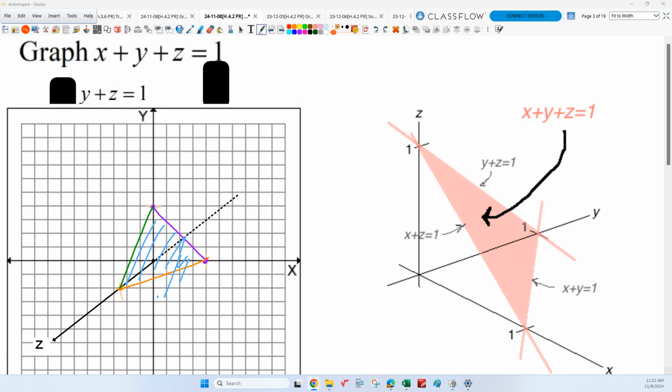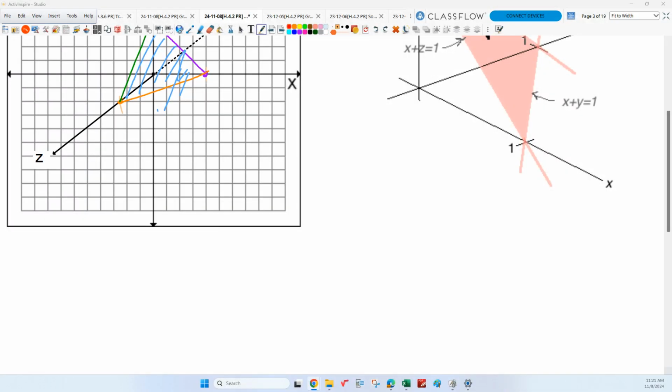How many points does it take to define a unique plane? 3. 3 non-collinear points, right? So if I created 3 points corresponding to all 3 of the intercepts in space of this linear equation in 3 variables, well, I could just connect all 3 of those with a single plane, and that would be the graph of that linear equation in 3 space. Okay? That kind of making sense a little bit? Okay?